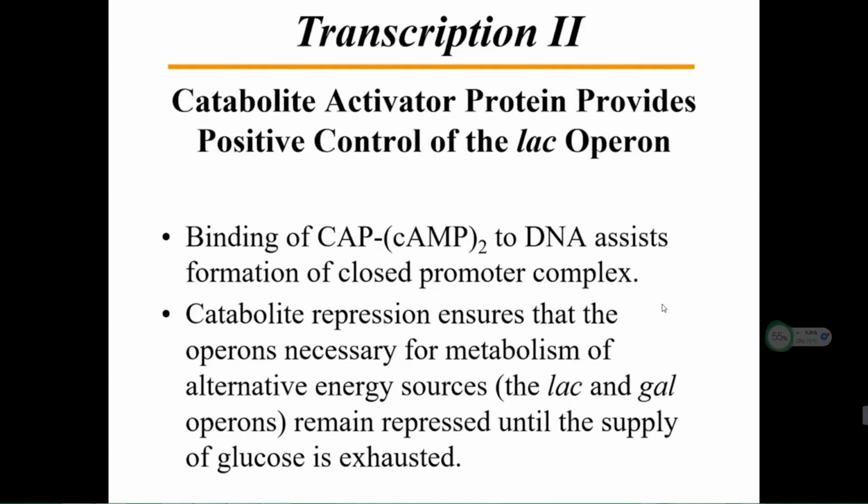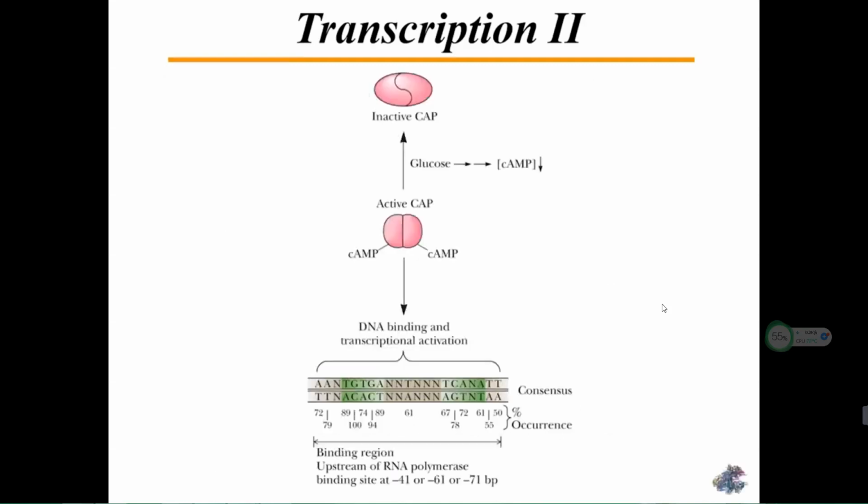Okay, so let's see how this works. When we have lactose present in the E. coli, we'll get breakdown to galactose and glucose. This will lead to an increase in glucose, which concomitantly affects the cyclic AMP levels in the cells by decreasing them.